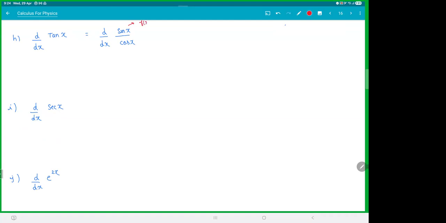So this would be your f of x. This would be your g of x. Do you remember the division rule? G of x differential of f of x minus f of x differential of g of x, by g of x whole square.